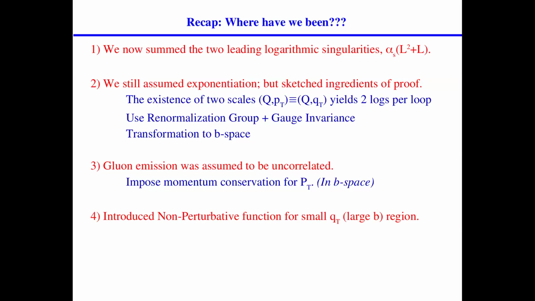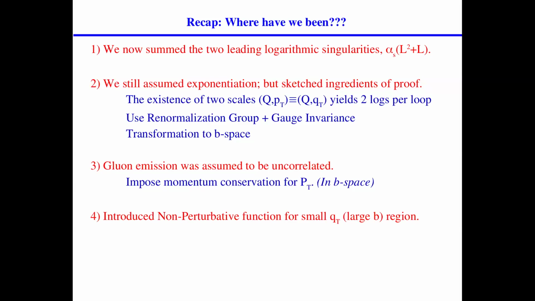Okay, I sketched the ingredients. And the key ingredient was use the renormalization group equation to essentially vary the mu to control one of the logs, but then you have a second log. What do you do about that? There you use the gauge invariance, and they use a very clever form using the axial gauge, and the axial parameter then took care of that. And then the gluon emission was assumed to be uncorrelated.